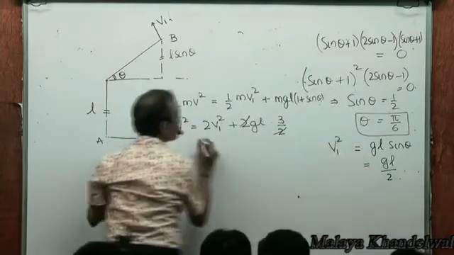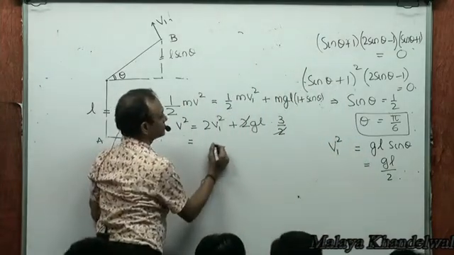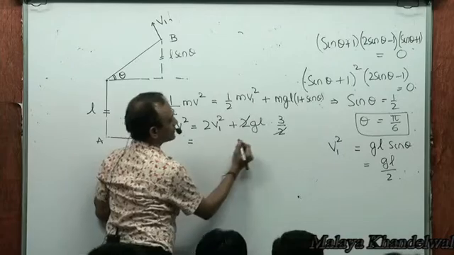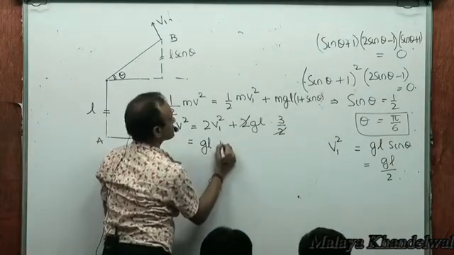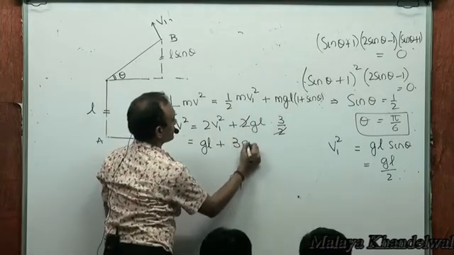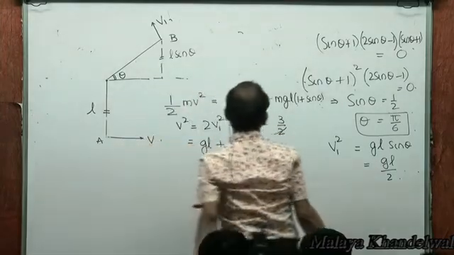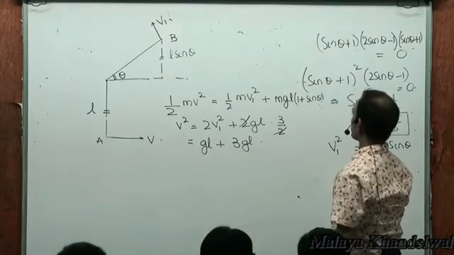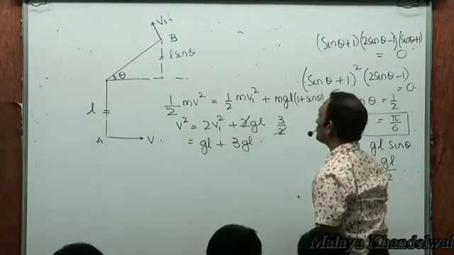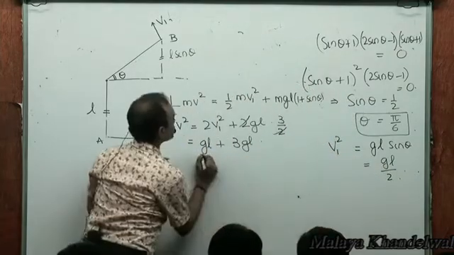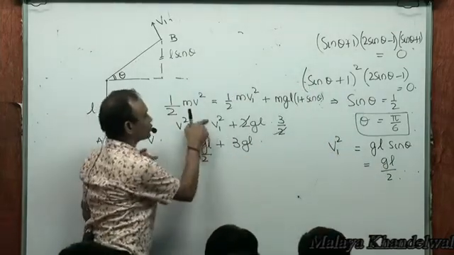And v1 squared is GL by 2, so this 2 won't be there.